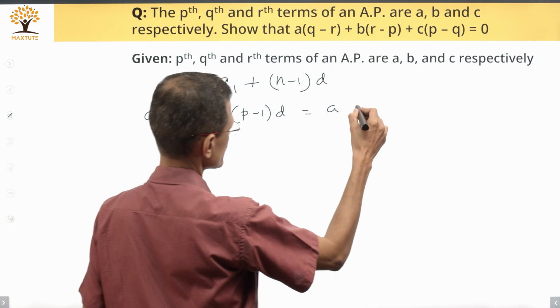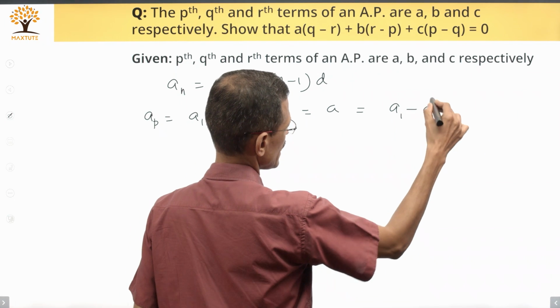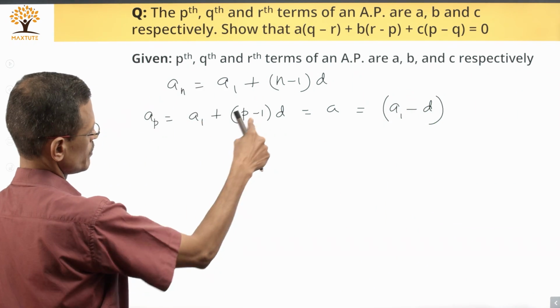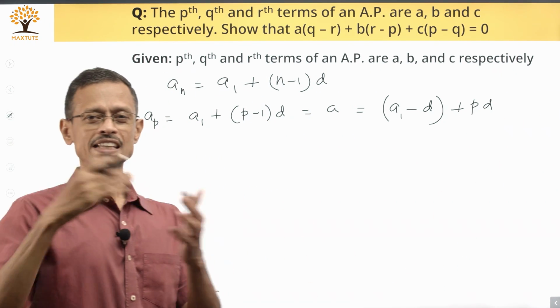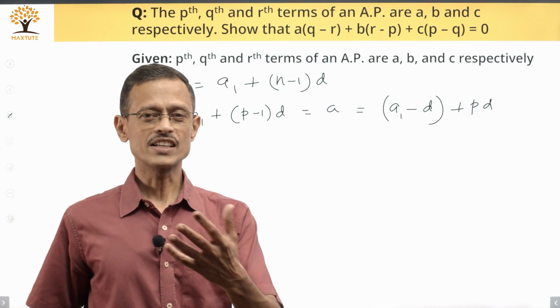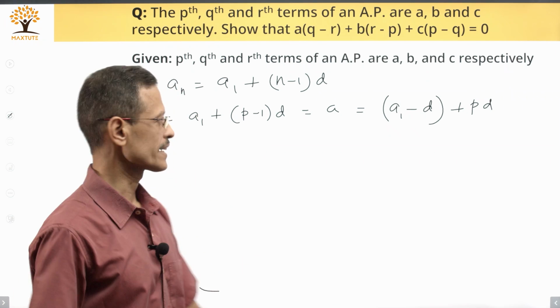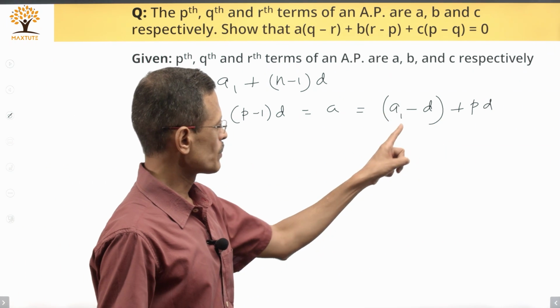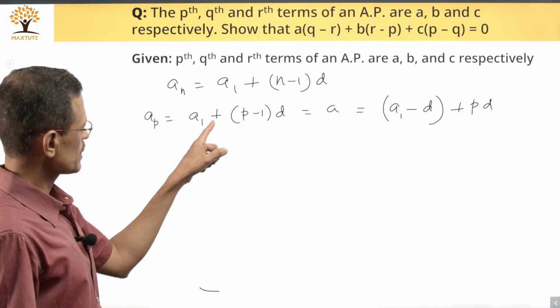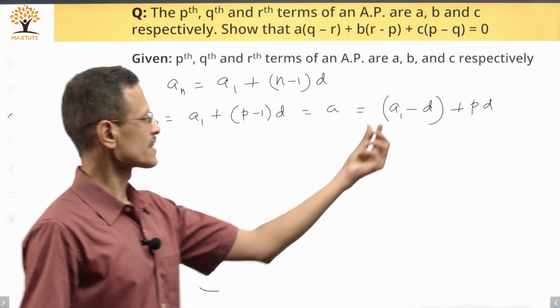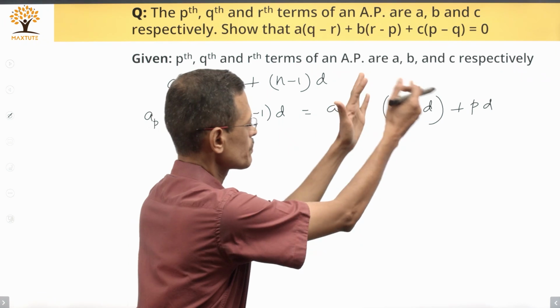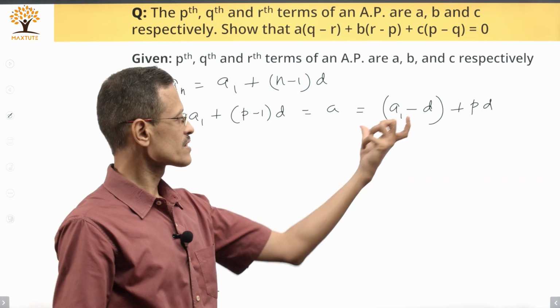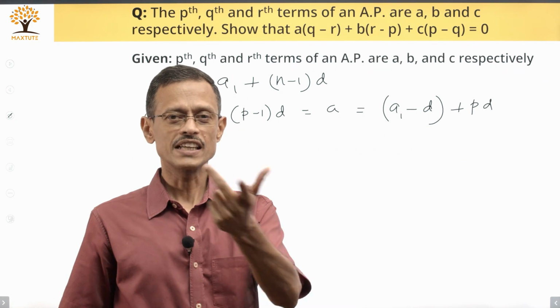So, I am going to rewrite this as a equals (a1 minus d) plus pd, just so that at the final stages the calculation becomes a little easier. We will be able to spot terms which are equal. I am taking this a1 minus d as a term clubbed together as one thing. You will realize that this term becomes a common element for each of these a, b and c.